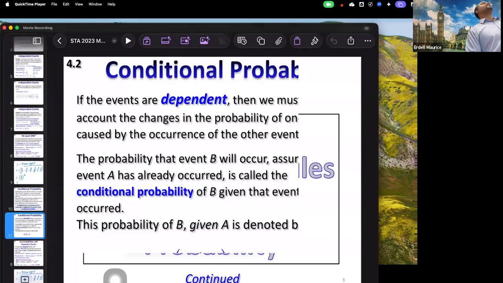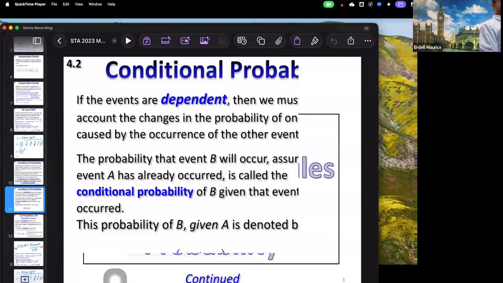That thing is your A. So it's asking, what's the probability of B given that A has already happened? What's the probability of pulling a blue ball given that the first ball was not blue? That's what your conditional probability is. What's the probability that a selected male is 6 feet tall or higher, given that he plays basketball for a living?